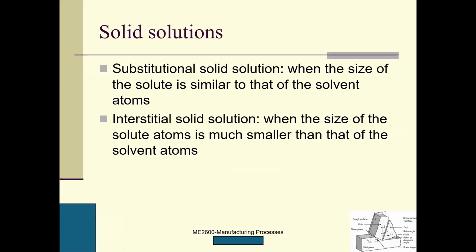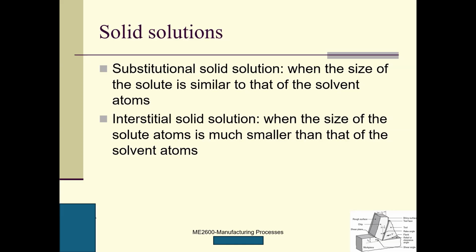We have the substitutional solid solution, where the size of the solute is similar to that of the solvent. And what is solute and what is solvent? Let me give you an example: sugar water. We have a bowl of water.